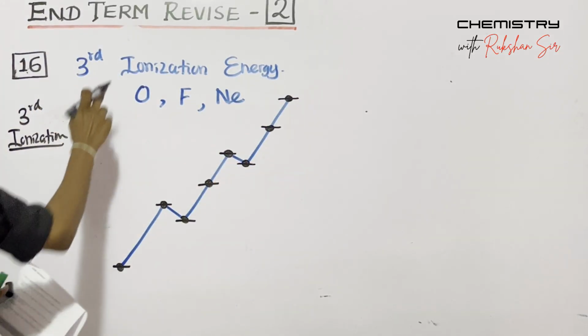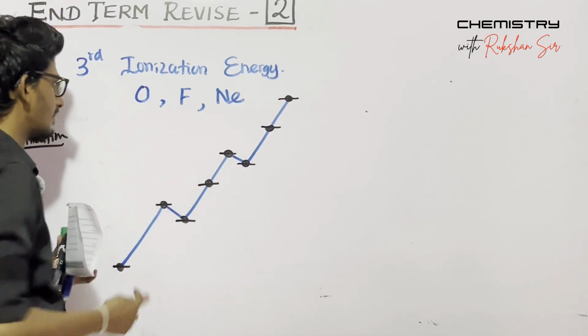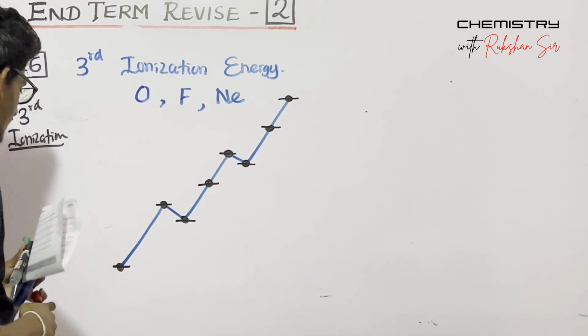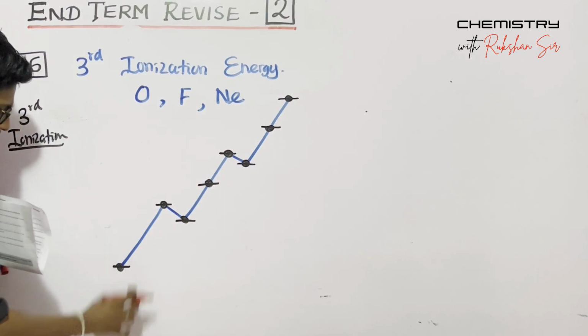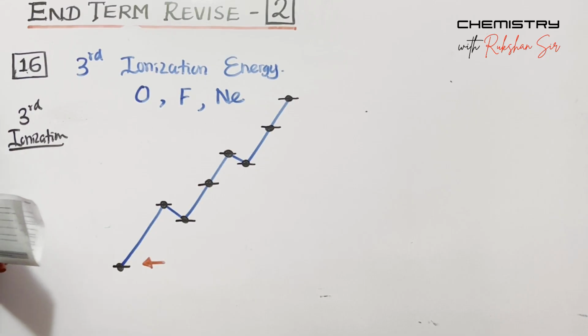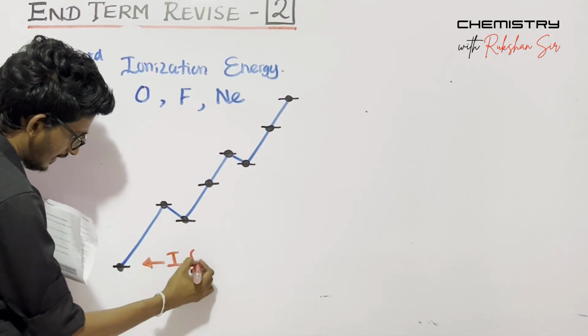So when it comes to third ionization, the minimum value of third ionization always belongs to the group 3 element. So the group 3 element always has the I3 minimum.